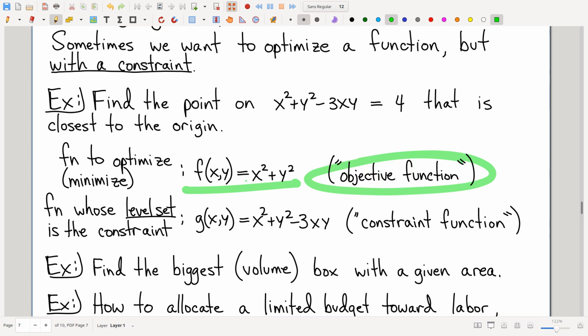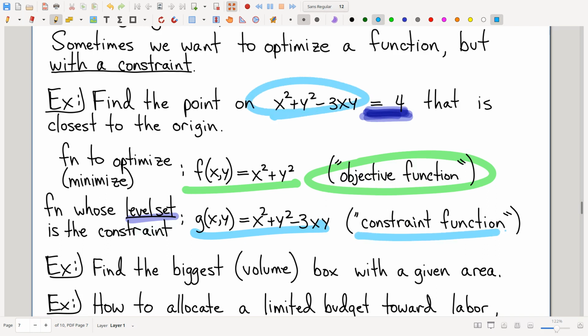And there is another function, one of whose level sets describes the constraint. And we're going to call this, in this case, our constraint function. So in a constrained optimization problem, there are two functions involved. There's the one that is the objective, and then there's the one that's the constraint. Make sure not to conflate these.